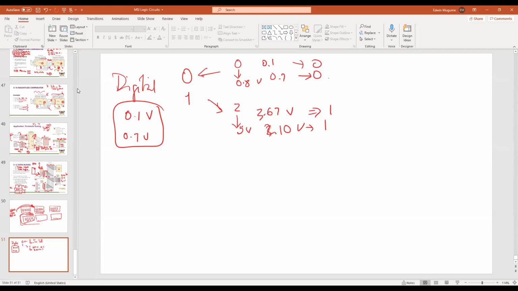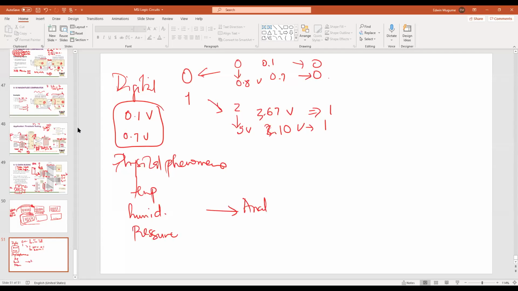And so usually we are looking at a physical phenomena. This can be temperature, humidity, pressure, etc. And we need to create an analog signal.